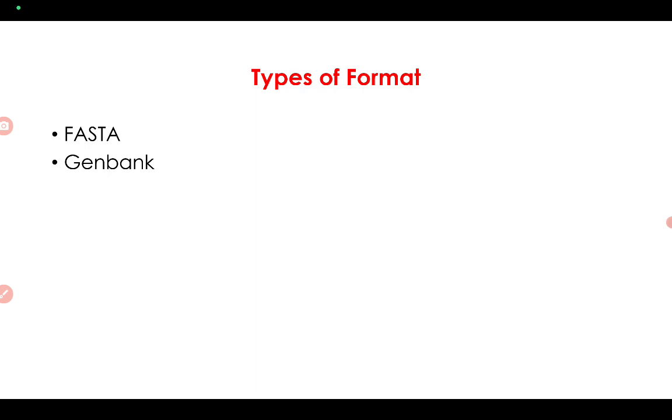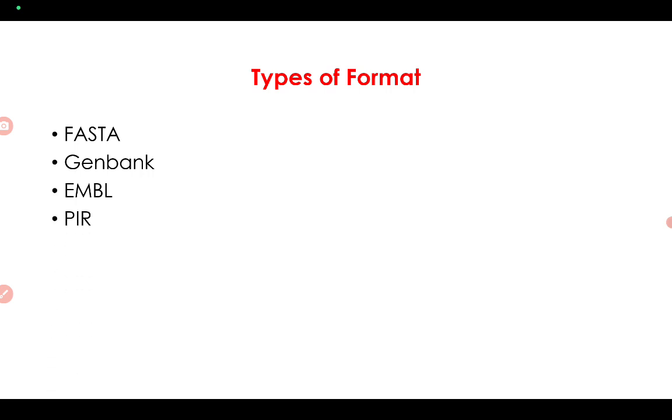So if you want detailed information, then you will go for GenBank. If you want minimal information regarding the sequence only, with other optional information, then you will go for FASTA. Other than that, there is the EMBL format for the EMBL database.